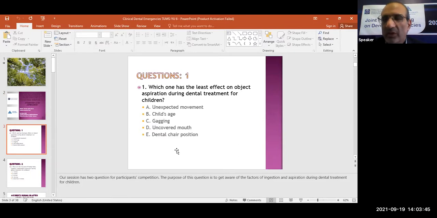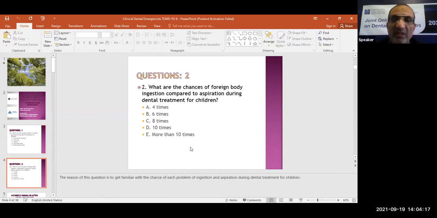I have two questions about my session. The first is which one has the least effect on object aspiration during dental treatment for children? This question is to make us aware of the factors that ingestion and aspiration may have.